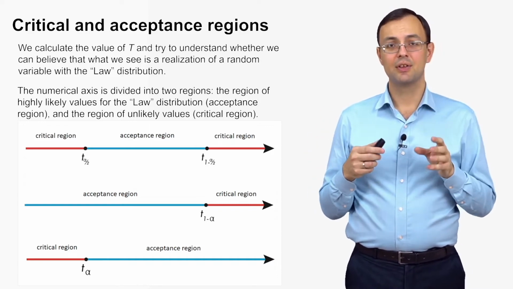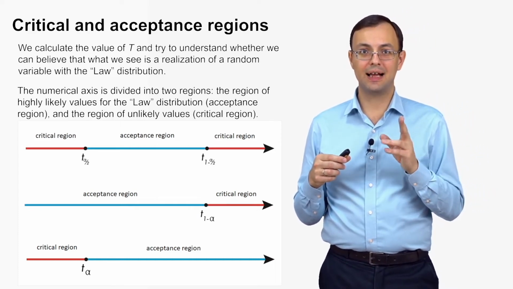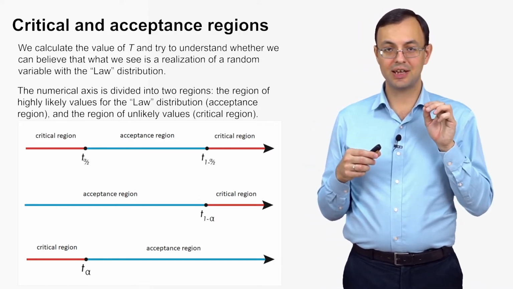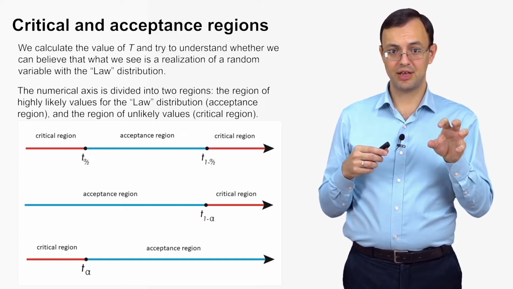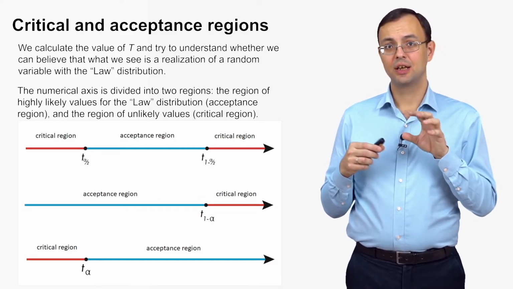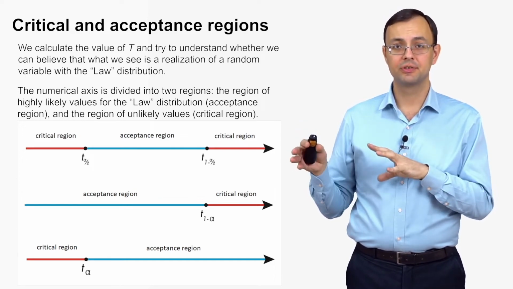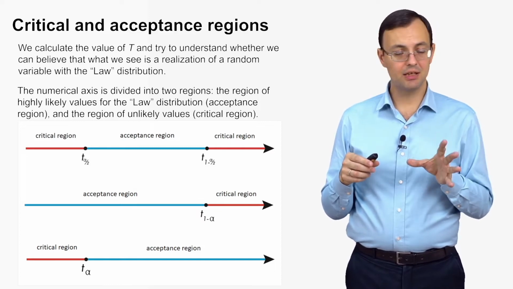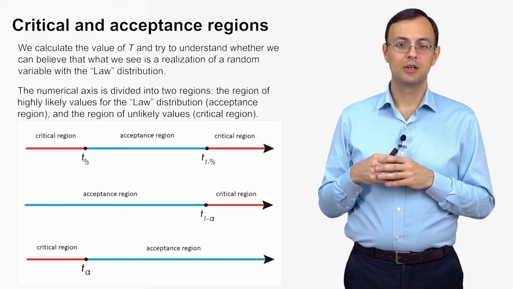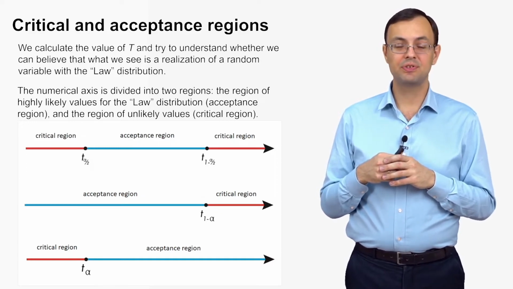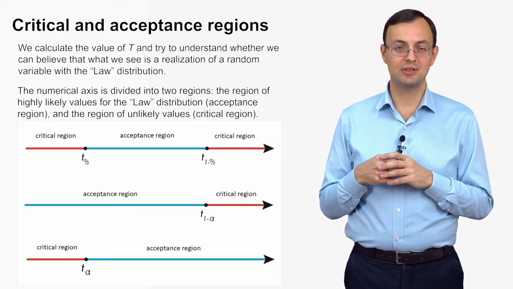So, for example, you can choose two heights, such that only 2.5% of all people are shorter than the first height, and only 2.5% of all people are taller than the second. Say that 2.5% are shorter than 155 centimeters and 2.5% are taller than 190 centimeters.